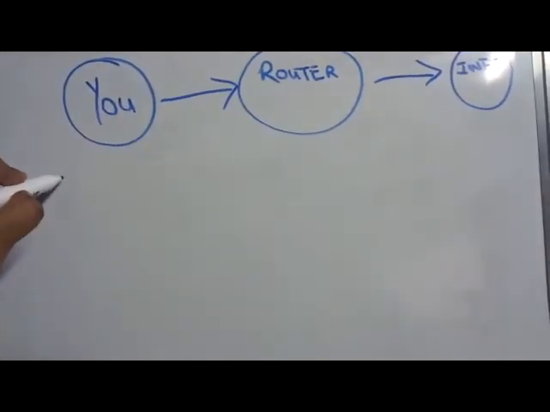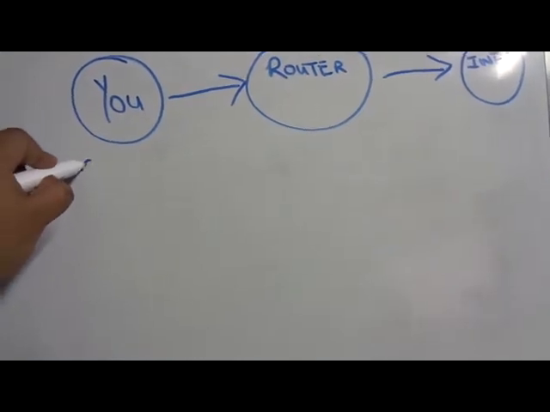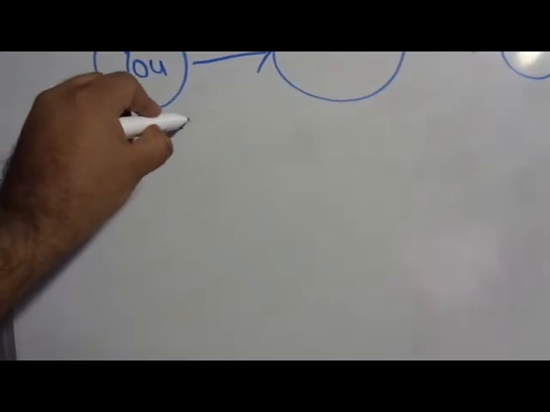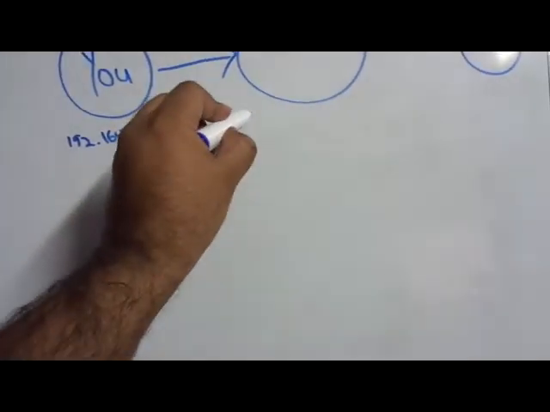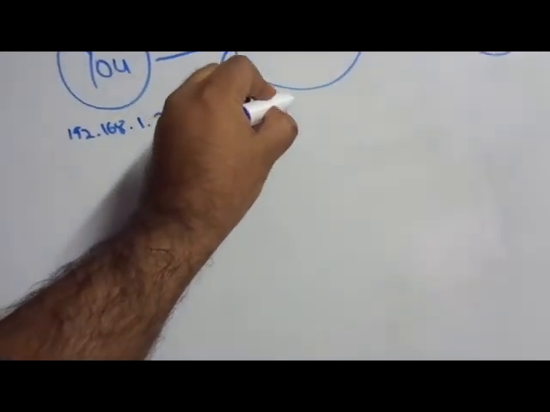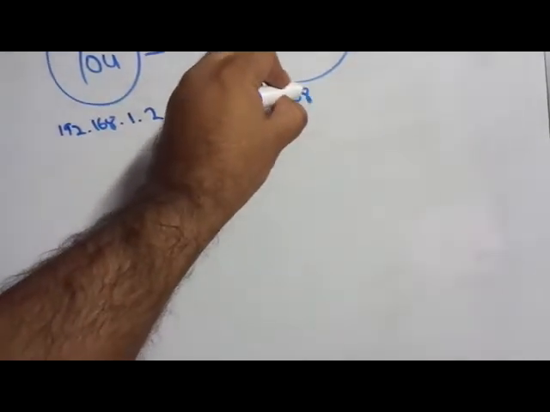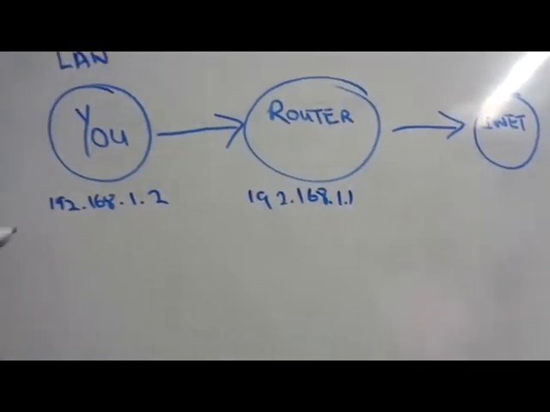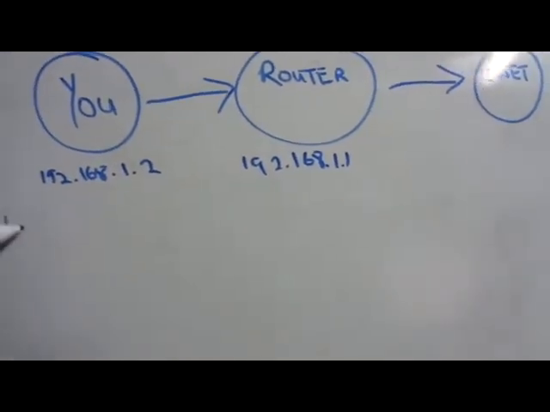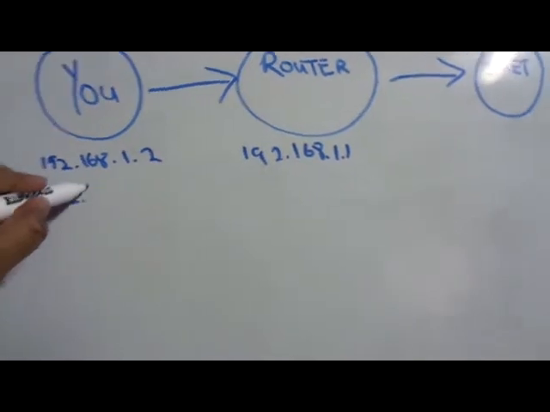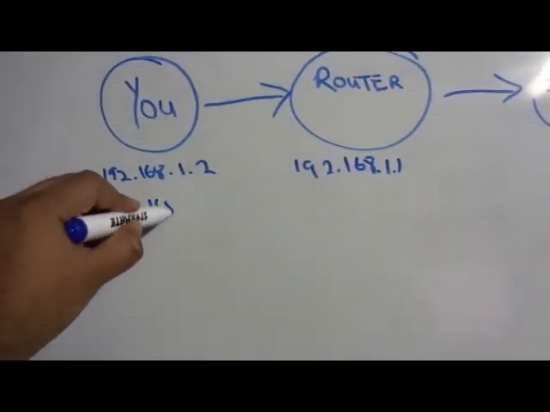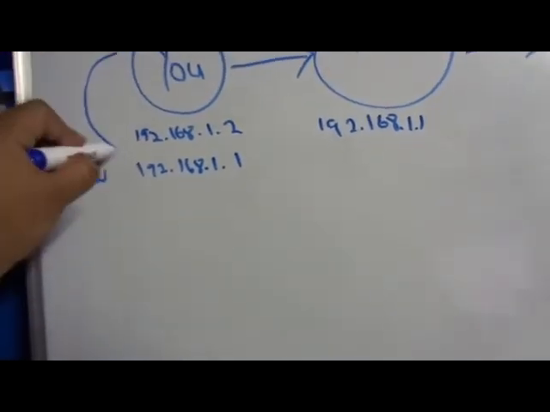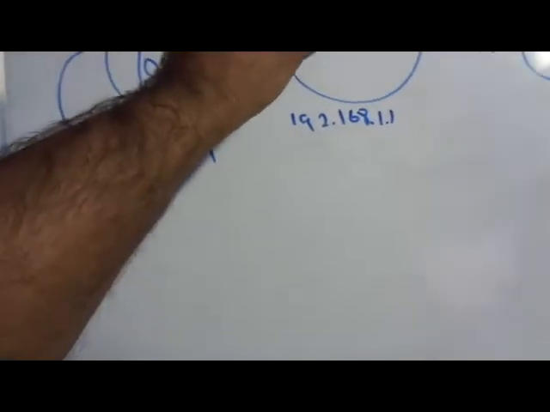You will have something like your computer IP would be 192.168.1.2, and your router IP would most likely be 192.168.1.1. Now your gateway setting would be 192.168.1.1, because you're telling the computer to pass through this router to get to the internet.